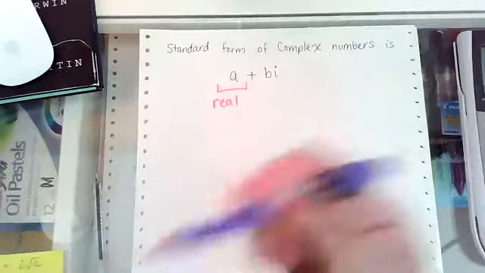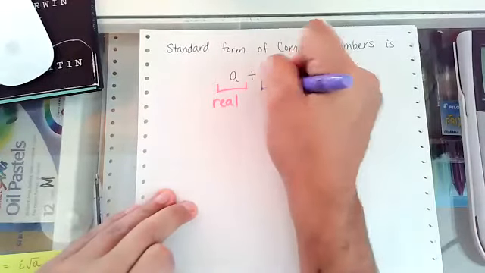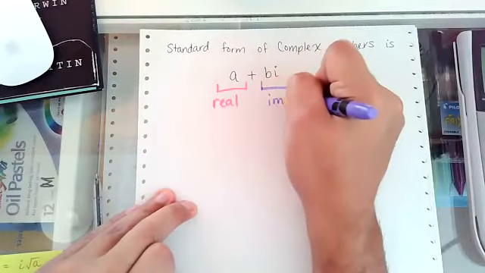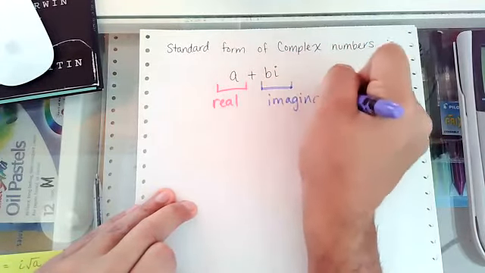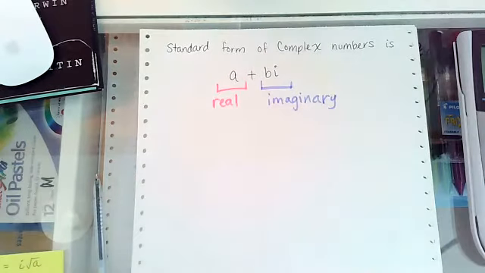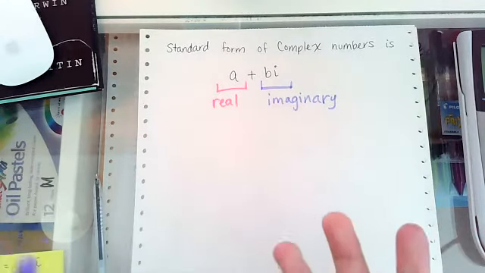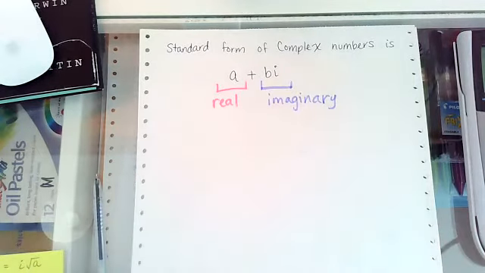And then this part attached to the i, which is the imaginary unit, is going to be your imaginary part. And that's why we call them complex numbers, because they're a complex of both a real and an imaginary part.